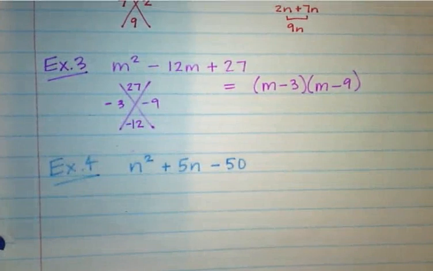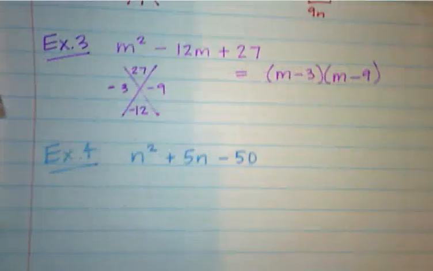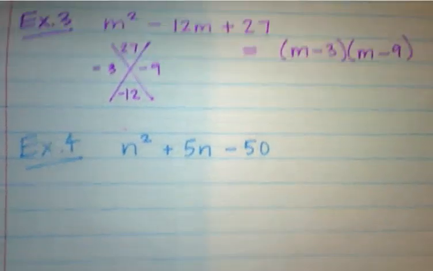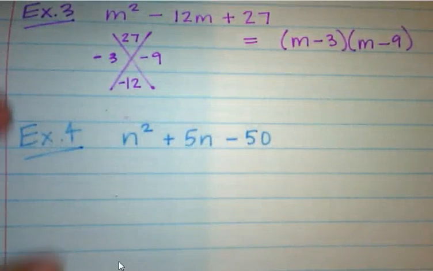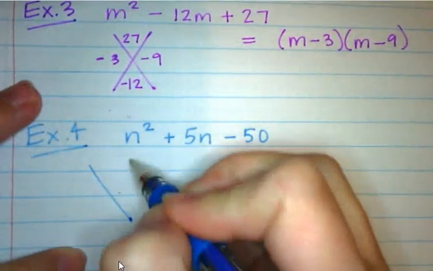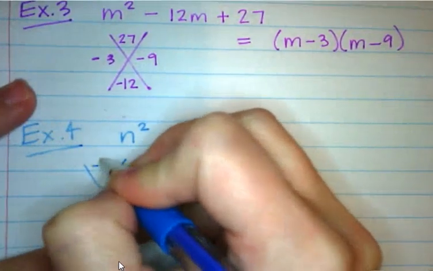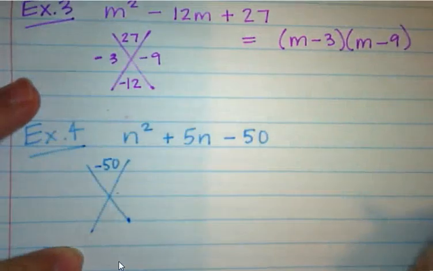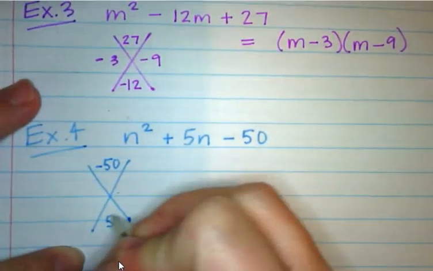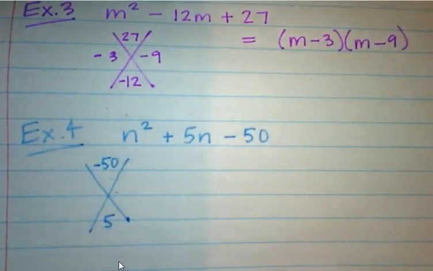All right, so once again, we want to get a negative 50 when we multiply and a positive 5 when we add them together.